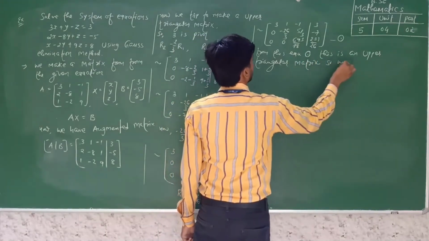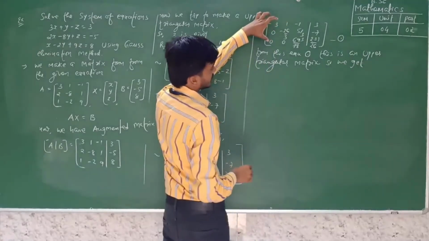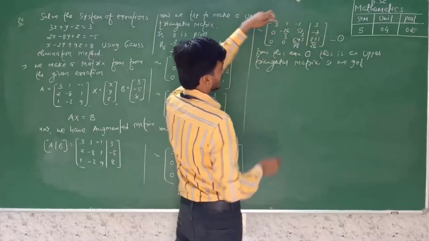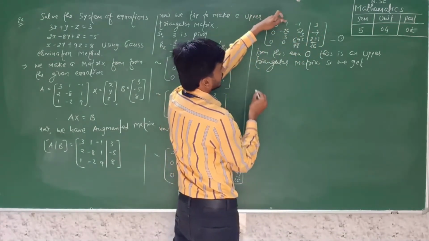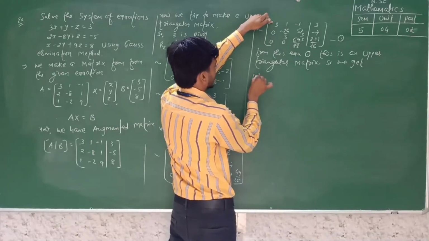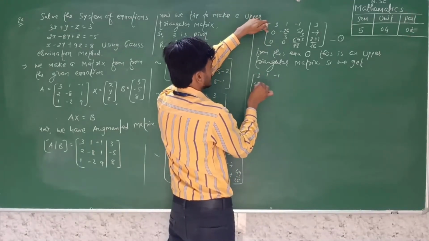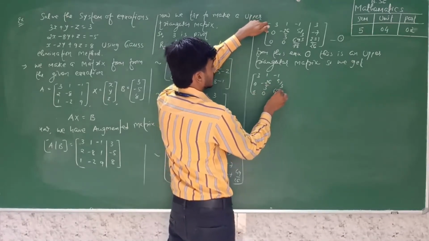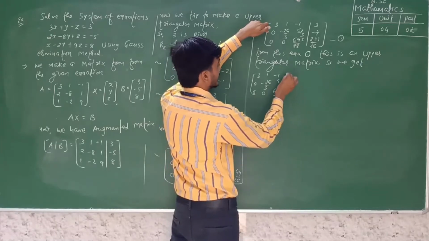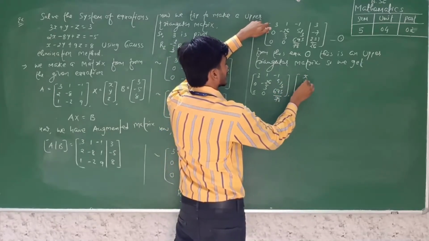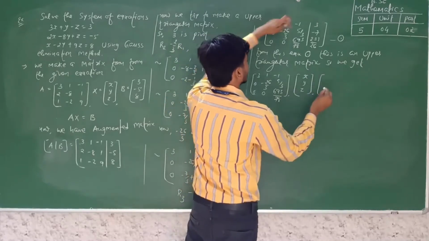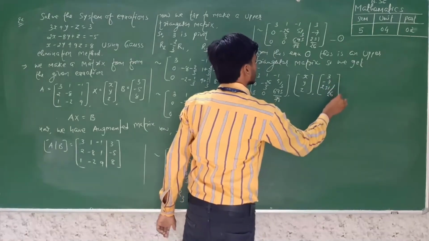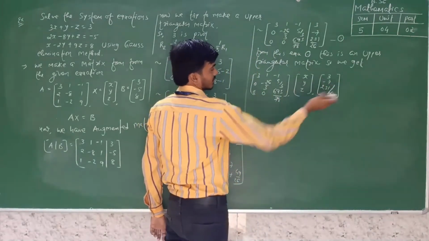So we get the matrix A times X, that means X, Y, Z, equal to B. So A is 3, 1, minus 1; 0, minus 26 upon 3, 5 upon 3; 0, 0, 693 upon 78. And the other matrix X, Y, Z is equal to 3, minus 7, 231 upon 26. So AX is equal to B.